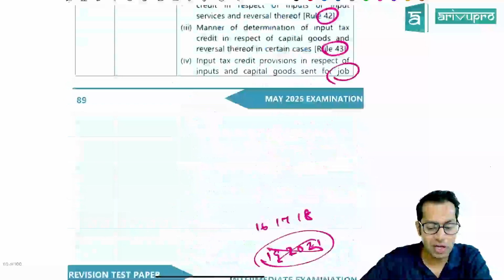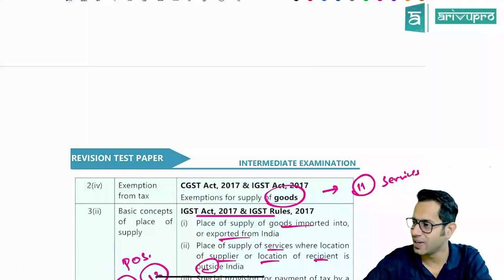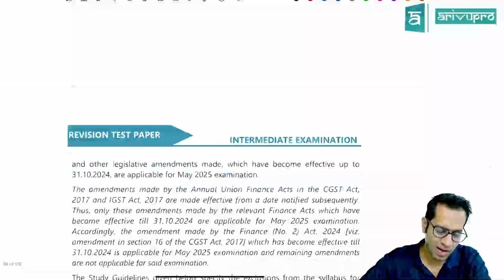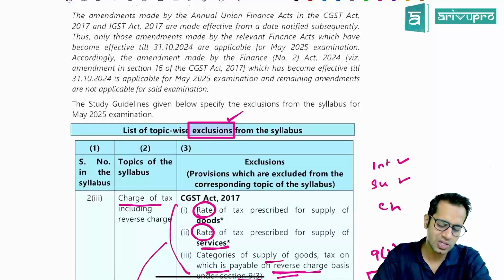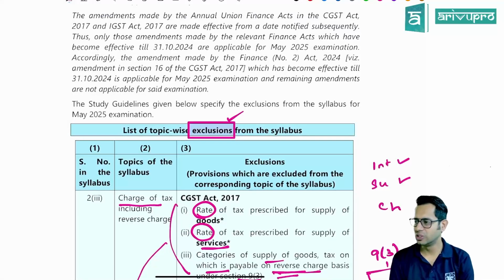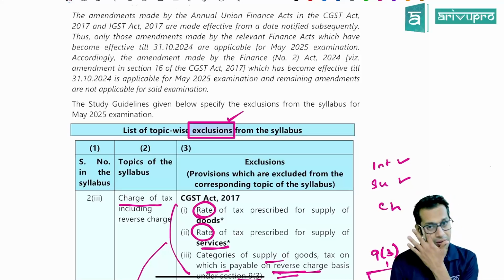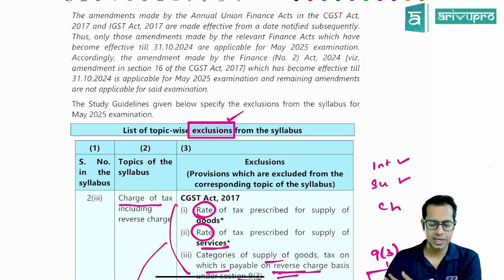Sir, have they included something? Nothing. They have included nothing new. They have only given the list of exclusions. So this is one point which I had to tell. Of course, there are some points which we have discussed in the classroom in your income tax, which they have removed, which is very good, which you don't have to study.